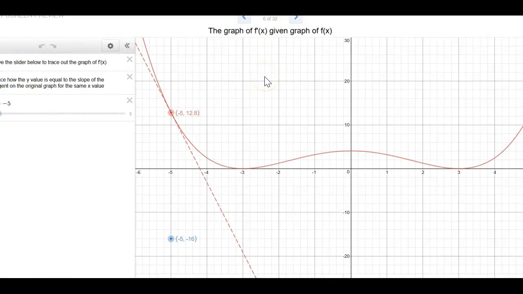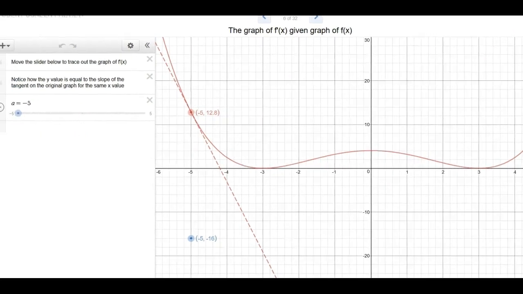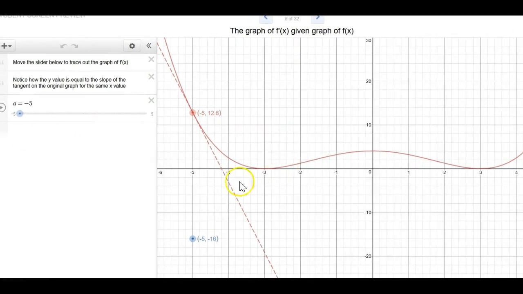So let's explore graphically what these derivative functions tell us about the graph of the original function, because that's really the whole point of the derivative. I'm going to trace the derivative function. Here's my given function, this red function.